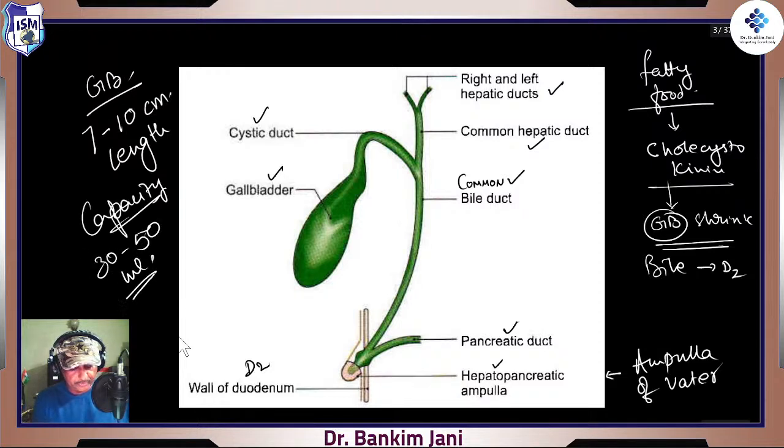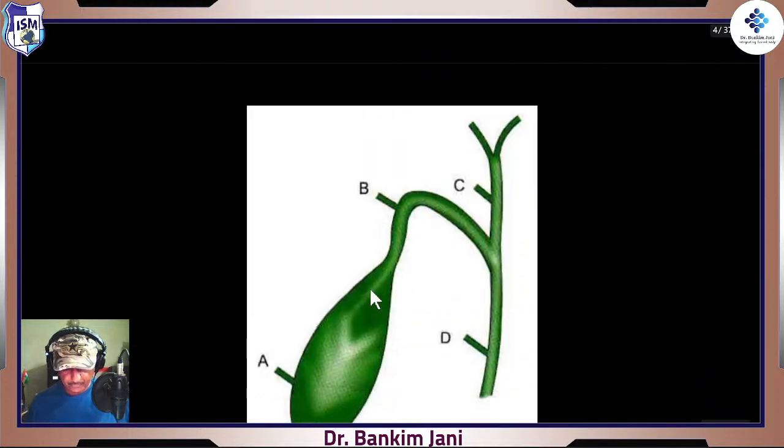And as we know very well, it is not only the storage, but the function of the gallbladder is also to concentrate the bile. This concentration can be from 10x to 50x. So that's the primary and basic thing of the gallbladder.